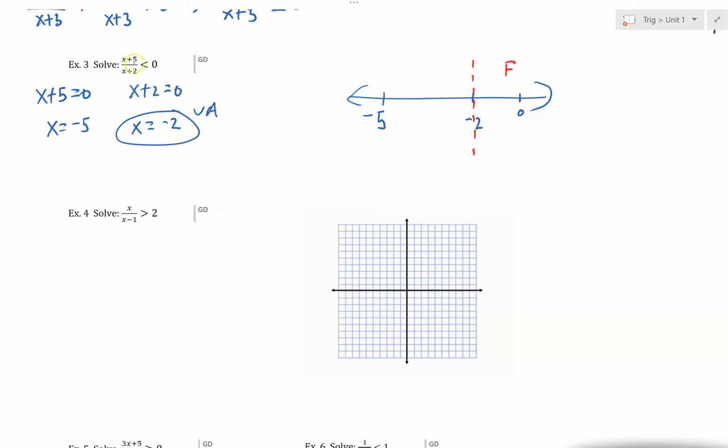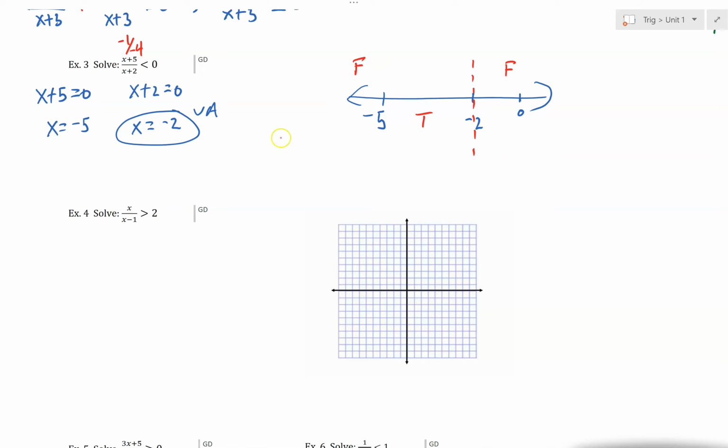If I plug in -3 right here, I'm going to get 2. -3 in for this one is -1. That's going to be -2 is less than 0. That is true. And then if I do -6 in here, -6 will give me at the top a -1. At the bottom, -6 gives me -4. 1/4 is less than 0. That is false.